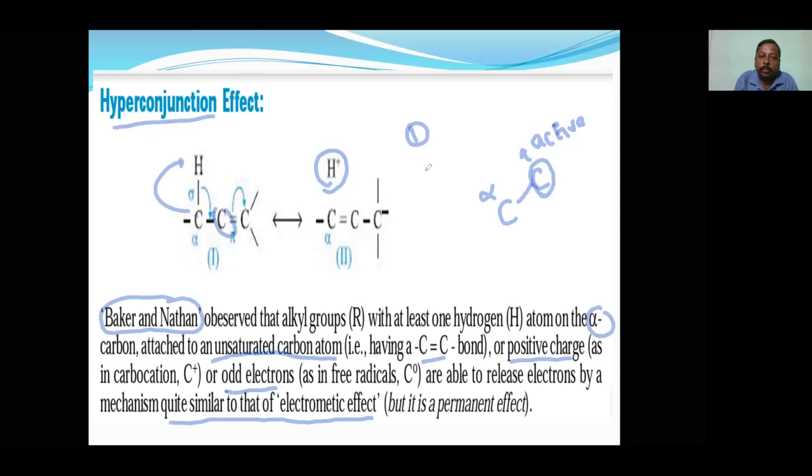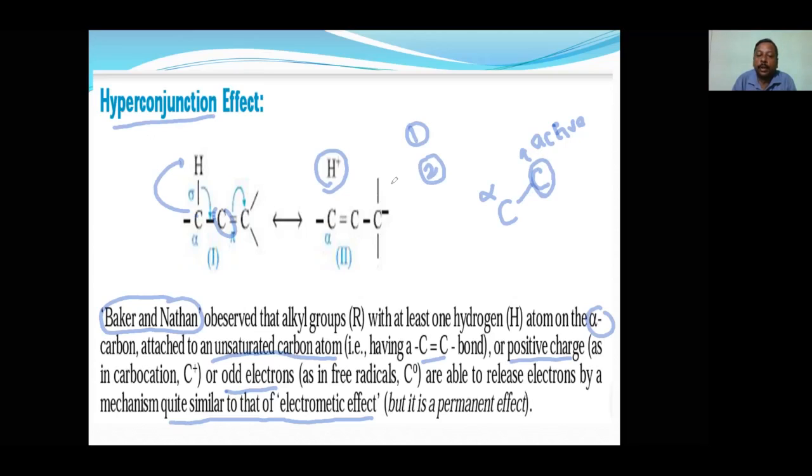This is possible only when alpha hydrogens are there. What are alpha hydrogens? Which are connected to the alpha carbon. What is the alpha carbon? The carbon which is directly connected to the active carbon. What is the active carbon? Carbon with a pi bond, carbon with a positive charge, carbon with a free electron.